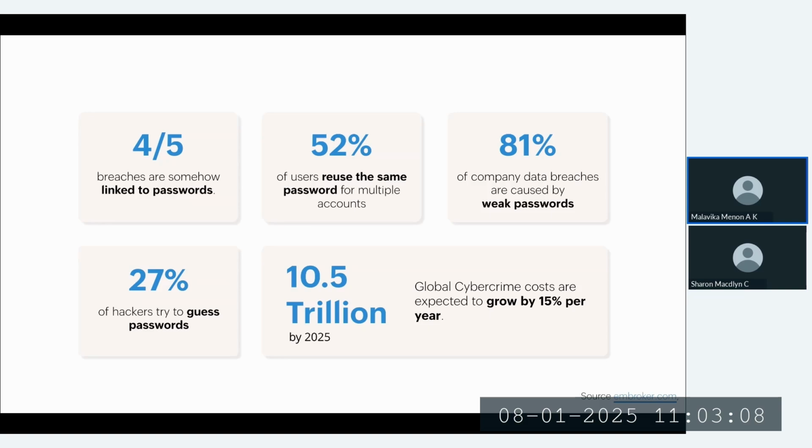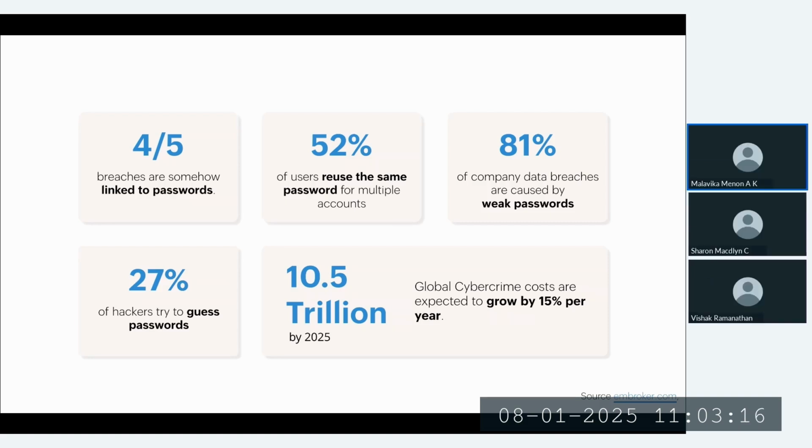This slide shows some stats that we have collected from mBroker. There are a lot of cyber security attackers out there these days who are ready to steal your data as soon as it's available. This is a sample stat that we've collected from this website.